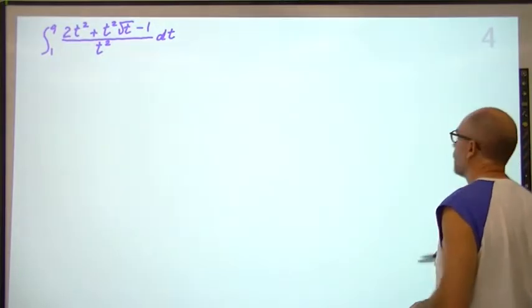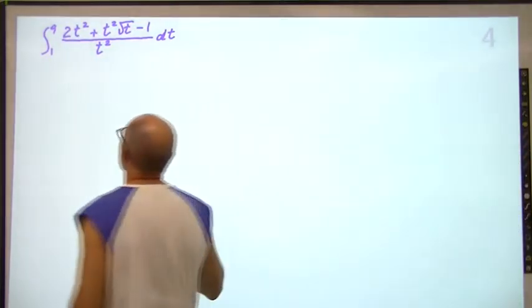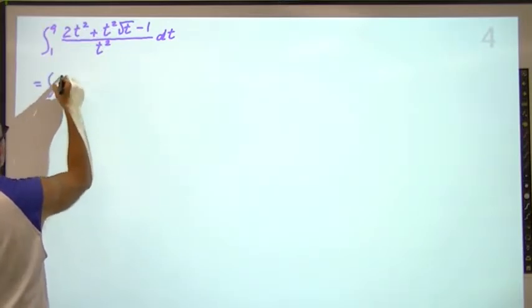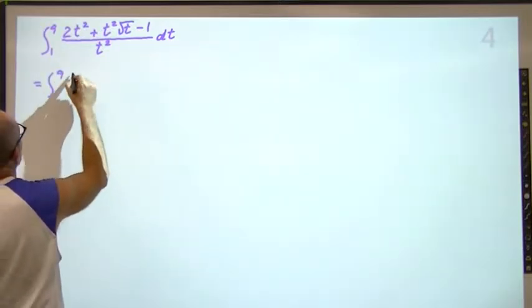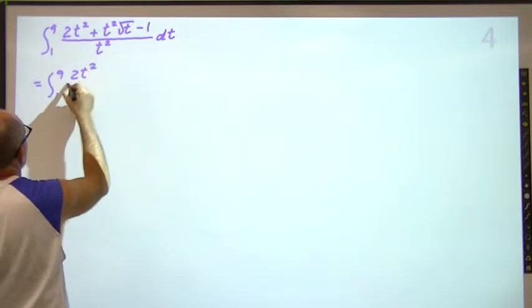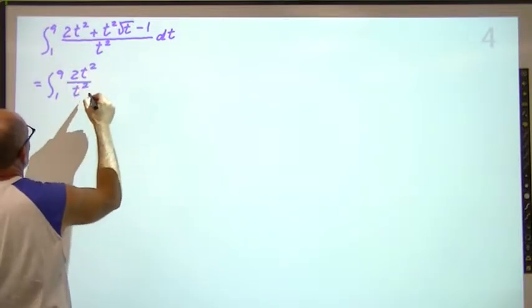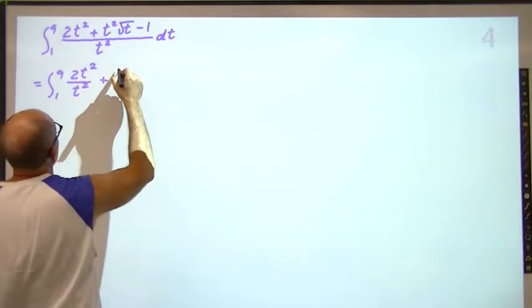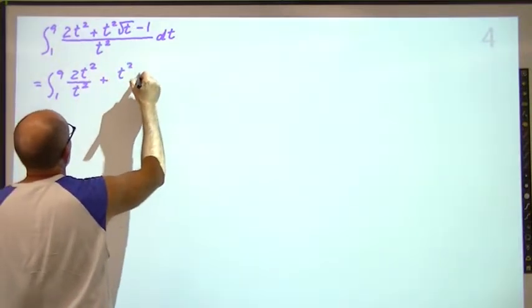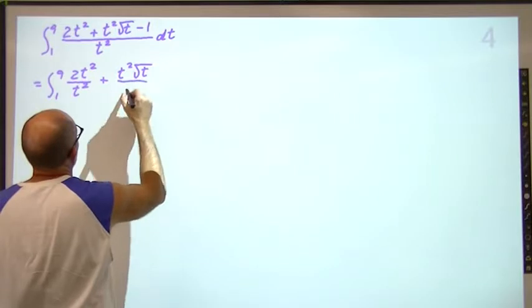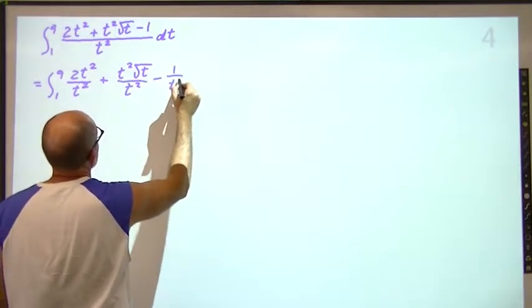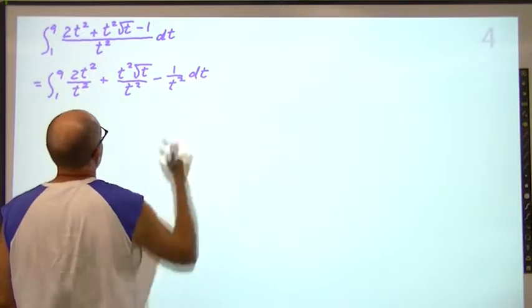So this is going to equal the integral from 1 to 9 of 2t squared over t squared plus t squared square root of t over t squared minus 1 over t squared dt.